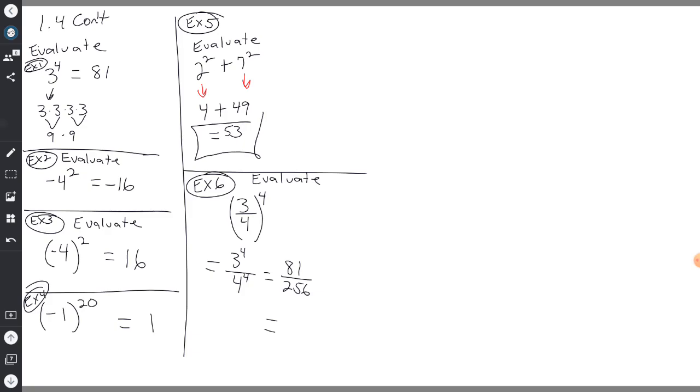When we look at 81, it's possible that it won't reduce, but we can look at 9 times 9, then see if 9 divides evenly into 256. It doesn't. So then we can look at maybe 3 and see if 3 divides in. But not into 256.